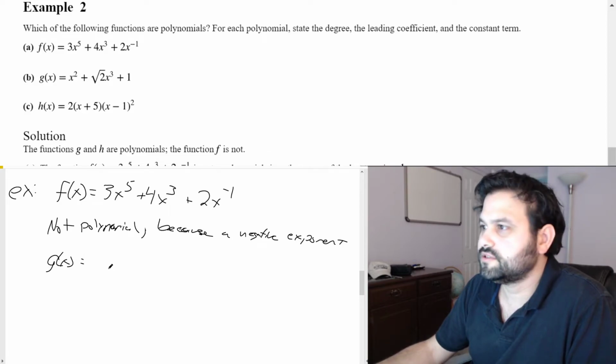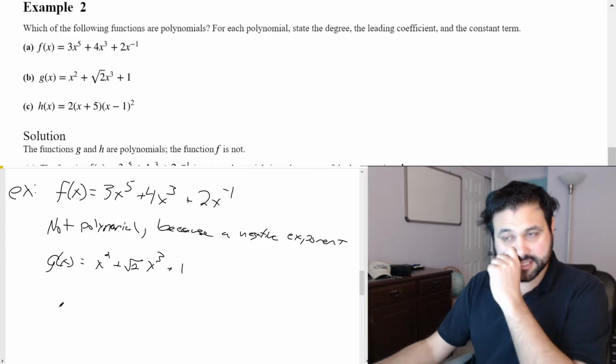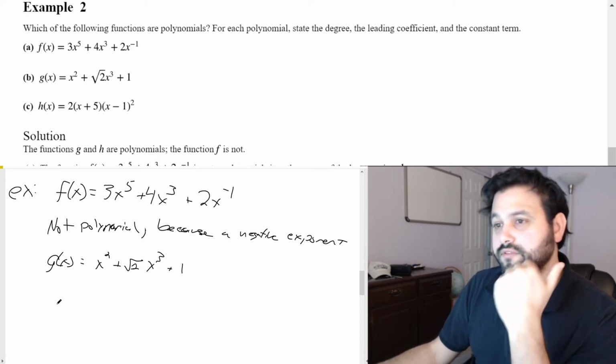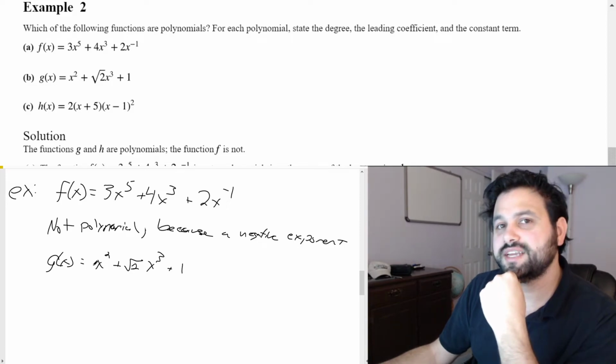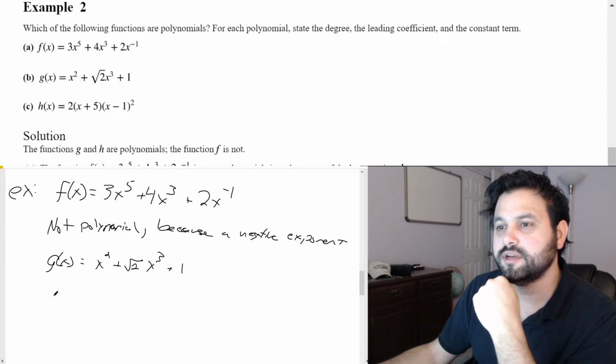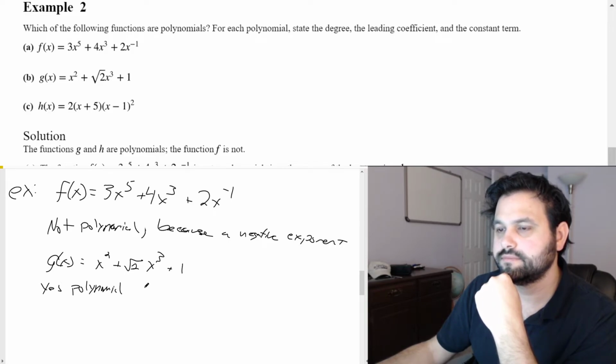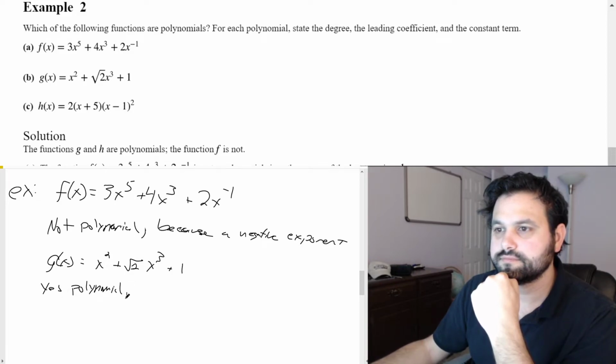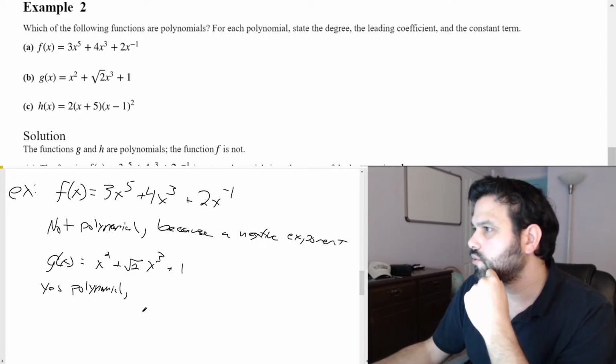G of x equals x squared plus square root 2 x to the 3 plus 1. Is this a polynomial? Well, in this case, remember we're checking exponents. The exponents here are 2 and 3, and we have our constant term. So this one is polynomial. Yes, polynomial. And so what is the degree?